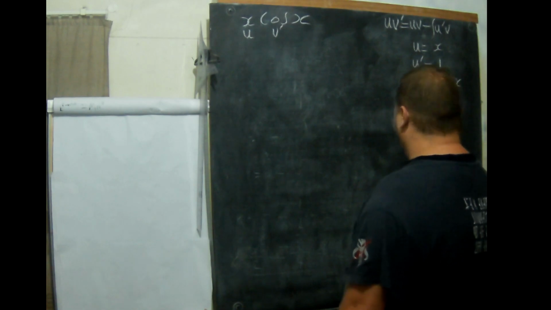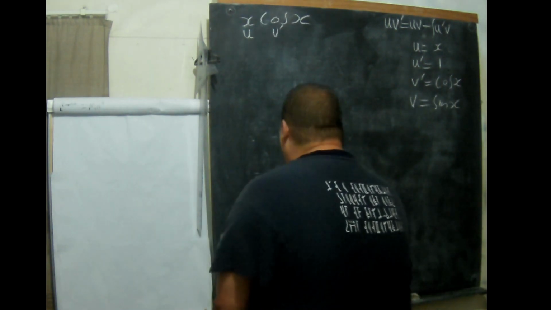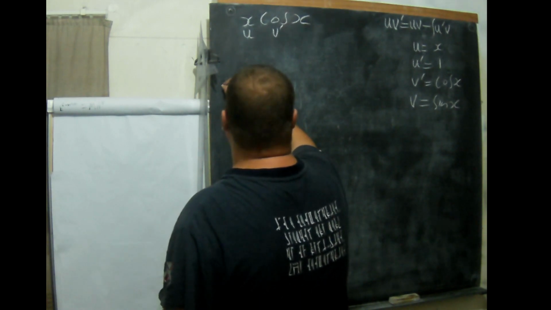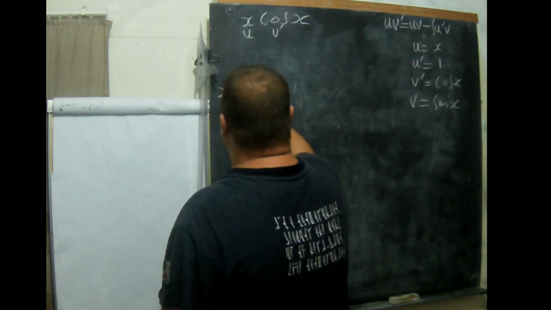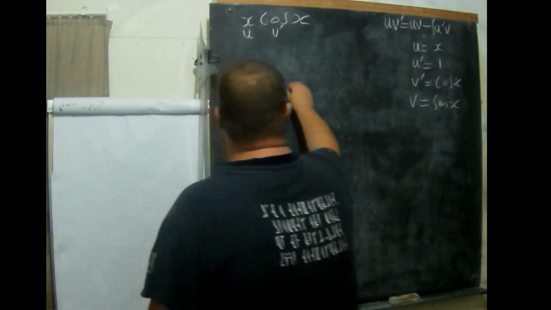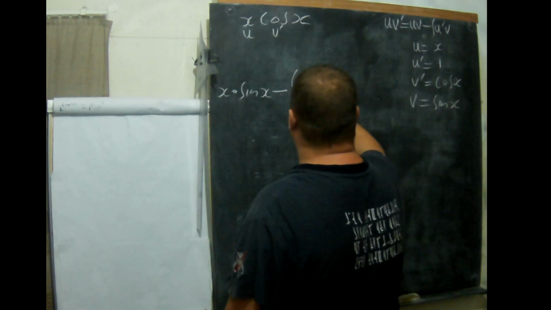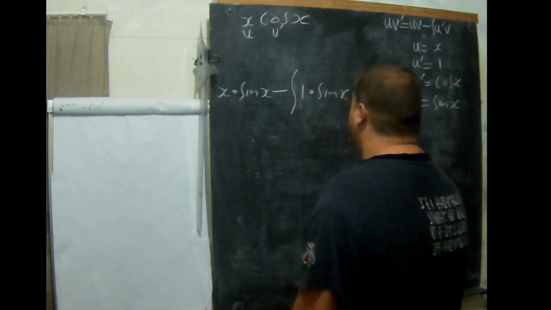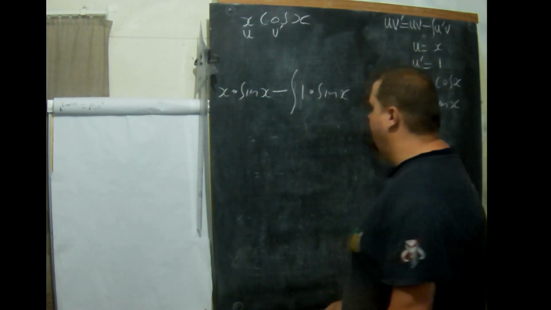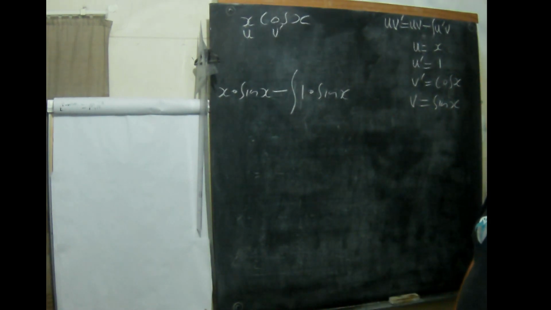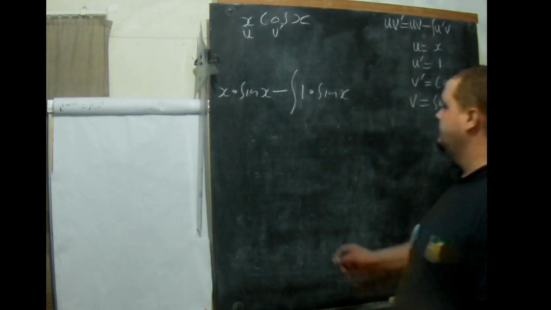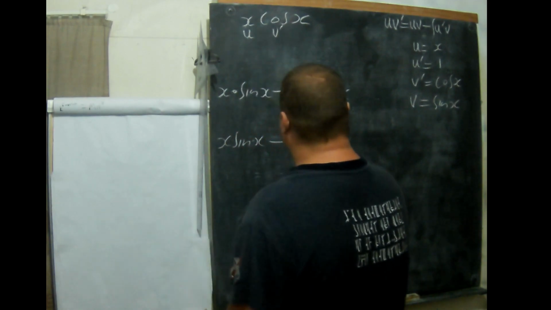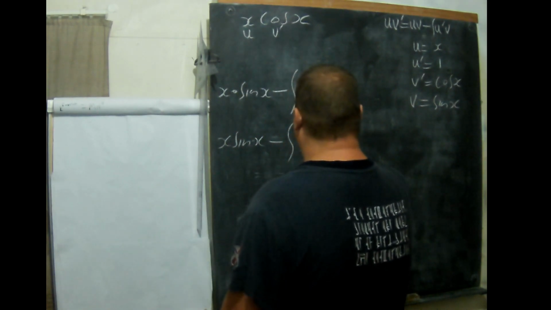So what we need to do now is put it into our formula. So uv, it's x times sine x minus the integral of 1 times sine x. 1 times sine x is sine x. So x sine x minus the integral of sine x.